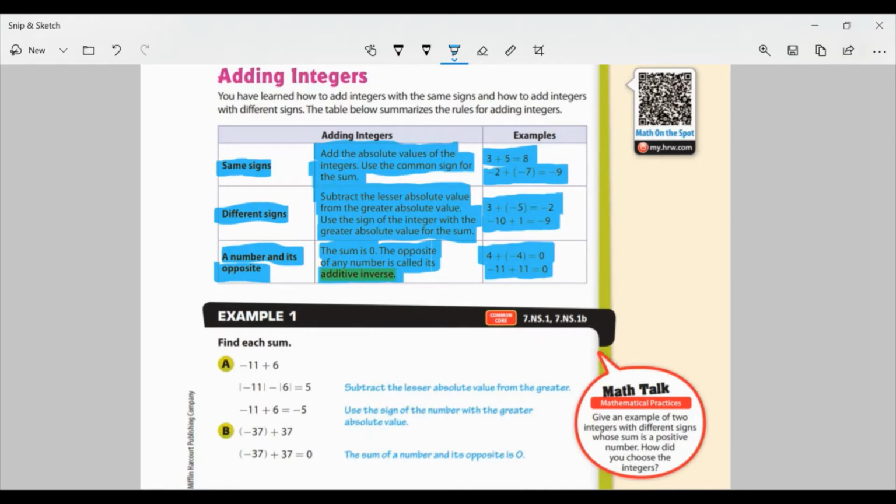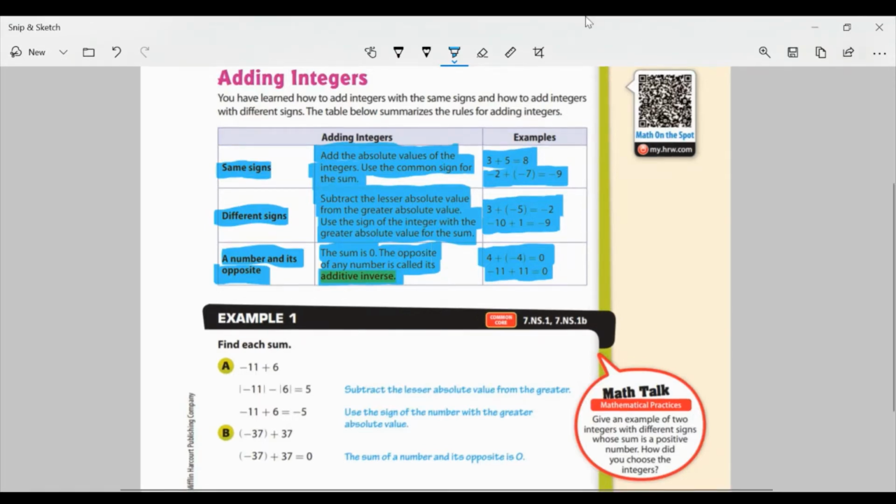So let's go ahead and look at the examples they have for us to get a better understanding. In example 1, part A, we're finding the sum. We have -11 plus 6. So I want to take my absolute value of -11. The absolute value of -11 is +11.